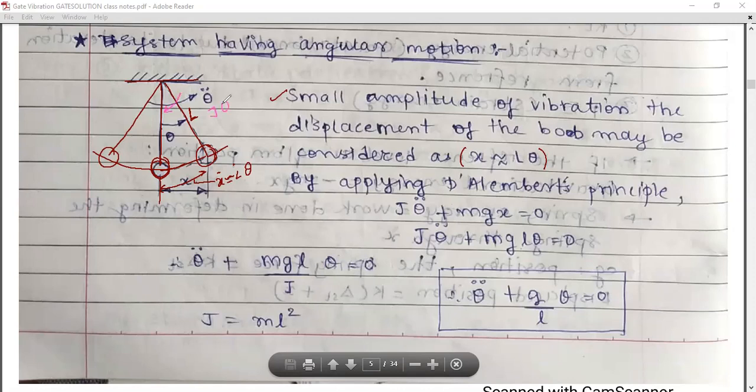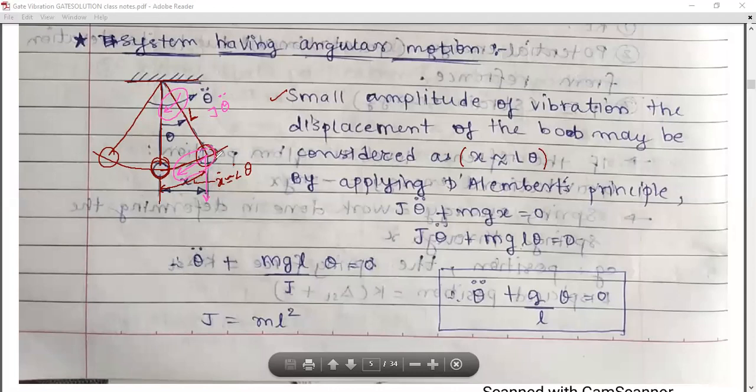That is of J, which will act in the direction opposite to the angular displacement, plus the weight is also acting in this particular direction, toward its mean position. So we can see that in this angular motion there are two forces acting. The one which is defined as your angular inertia force, and the second one is your gravitational force, right?